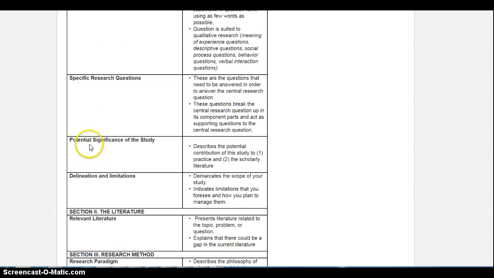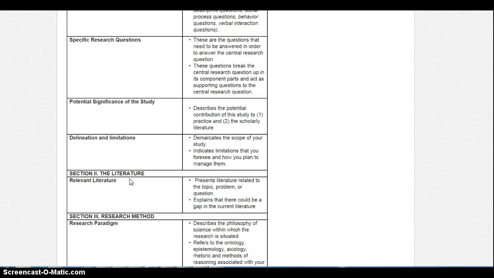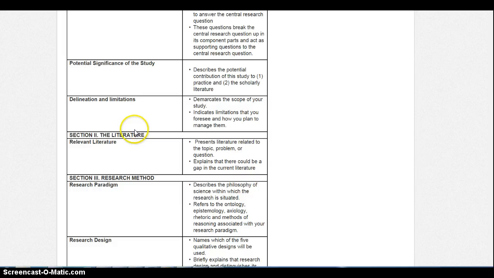Additionally, we are looking for potential significance of the study. So why does it matter? Why is the study important? Delineation and limitations. So discuss the limitations that you foresee and how you plan to manage them. For example, a limitation could be access to the specific sample.